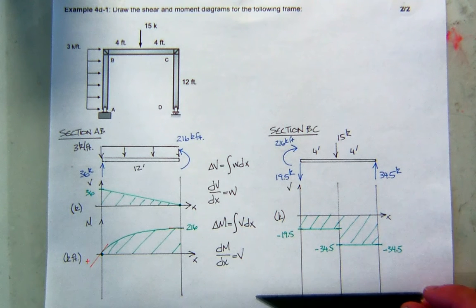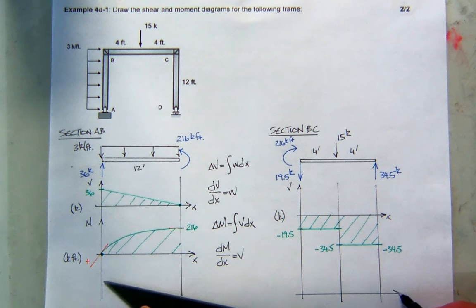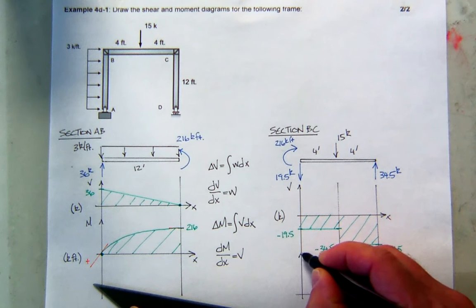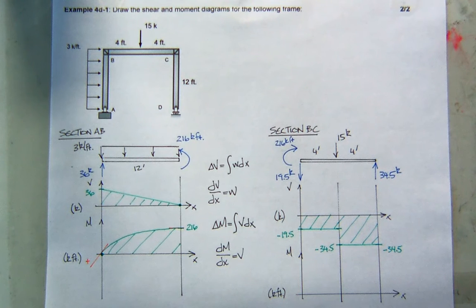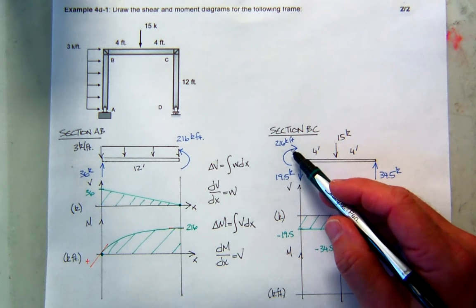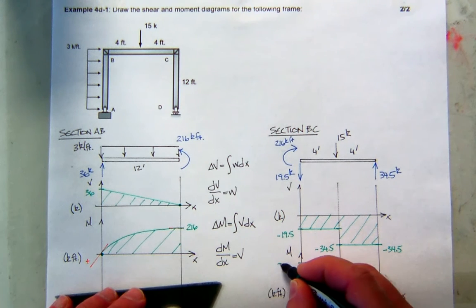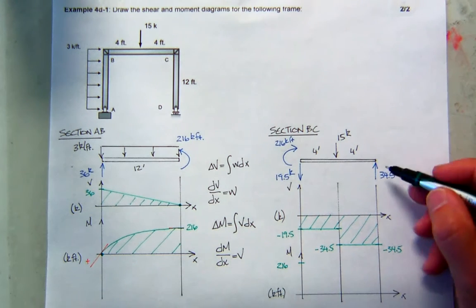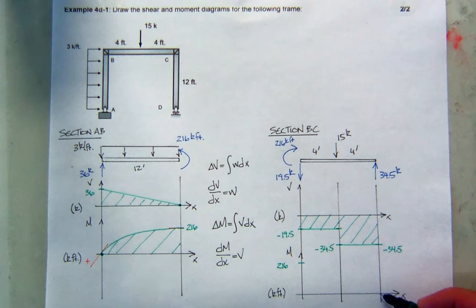Okay, let's see if we can squeeze it in here at the bottom. So we're going to do our moment diagram now. Positive X, positive moment. All these will be in kip-feet. So what is the bending moment starting here at B? What kind of bending moment is that? Positive. So I'm going to start off at 216. What's the bending moment at C? 0.